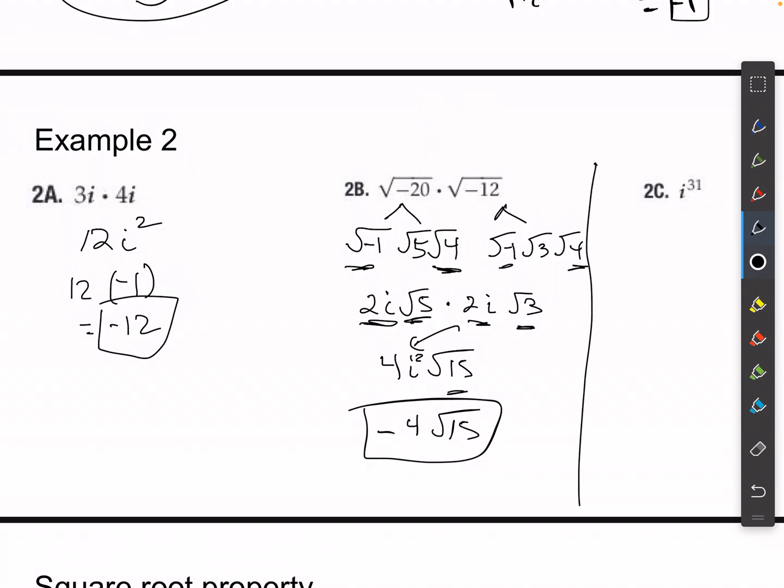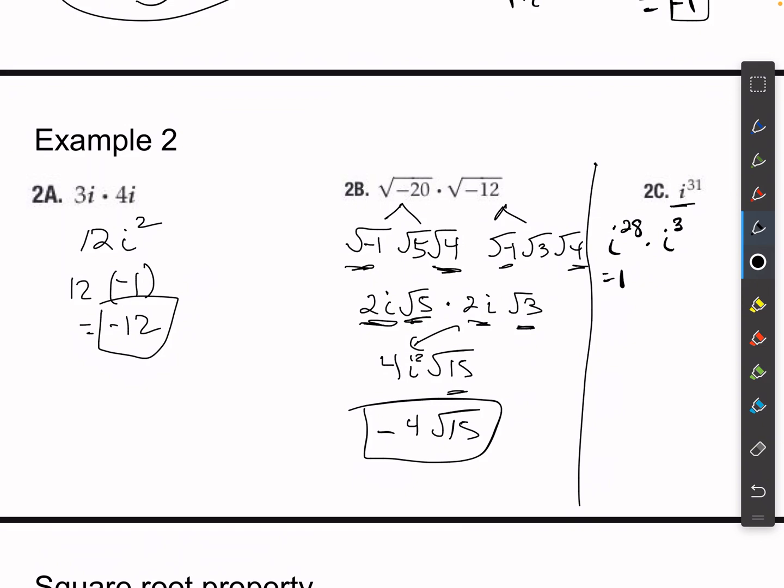And then 2c, this is what we were just doing. i to the 31st power. You can write that as, well, let's take out 4. 4 times 7 is 28. So i to the 28th I know is equal to 1, so that's gone now. And then if we multiply that by i to the 3rd power, we get 31, right?